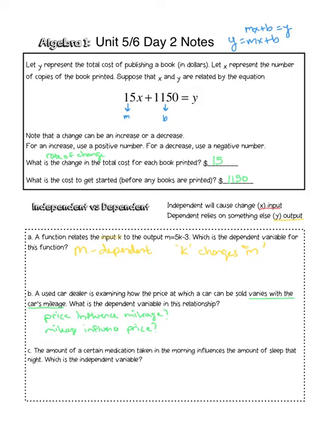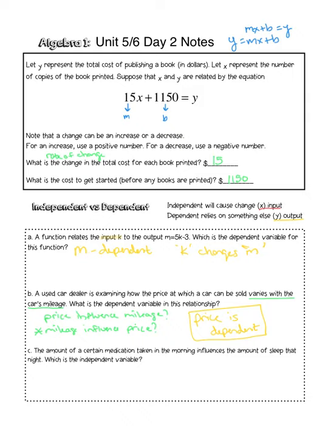I think you know that the car's mileage influences the price. So the mileage is the independent variable and the price is dependent. Price depends on mileage. And let's think about it logically. If you are going to spend $3,000 on a car, does that change the mileage on any car you look at? No.